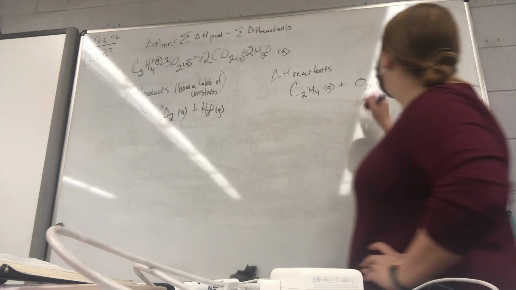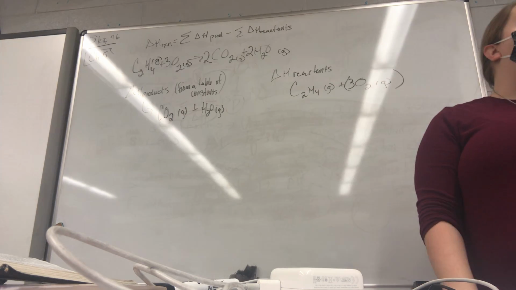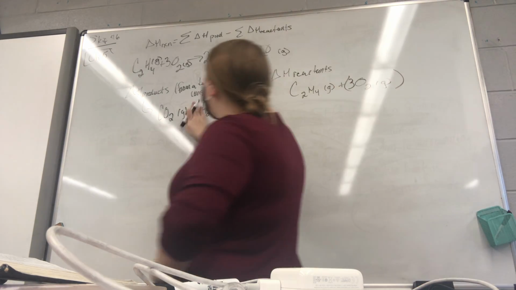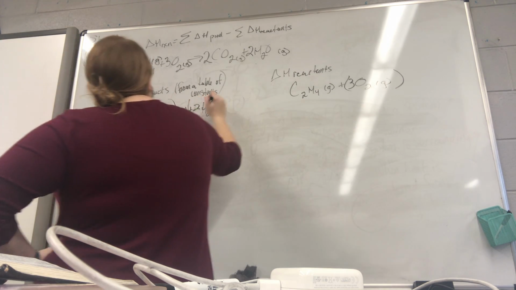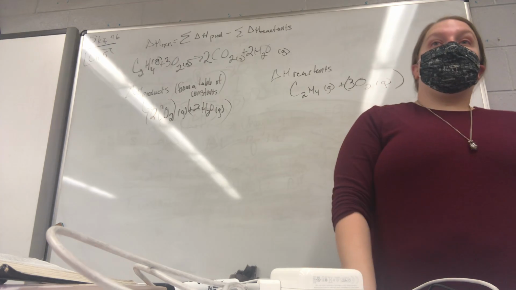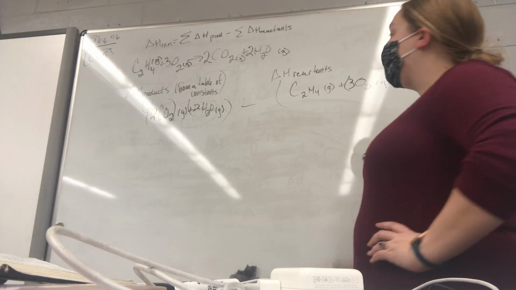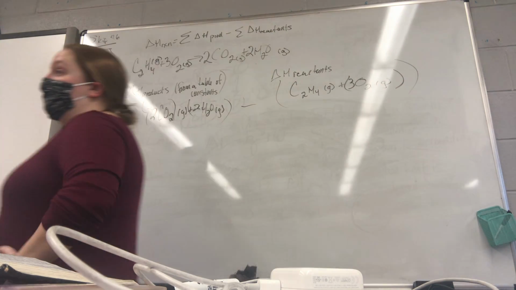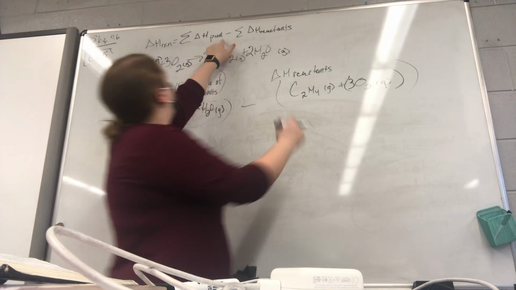Yes, they do. Whatever the value for O2 gas is, you would multiply it times 3. Whatever the value for H2O is, you would multiply it times 2. Same thing for CO2. Okay, from there you would add up the products, subtract the total of the reactants, and that would get you the delta H for this specific reaction. You subtract them. This is the formula.